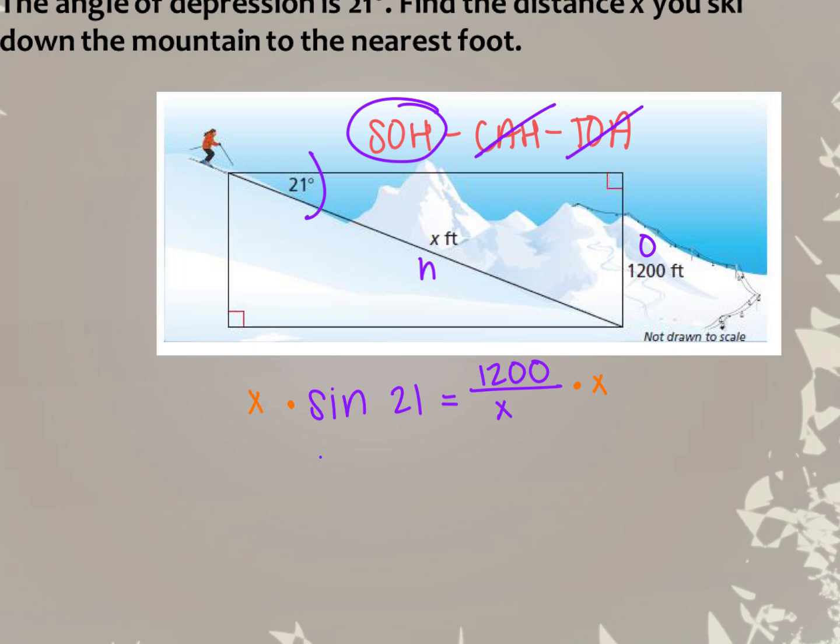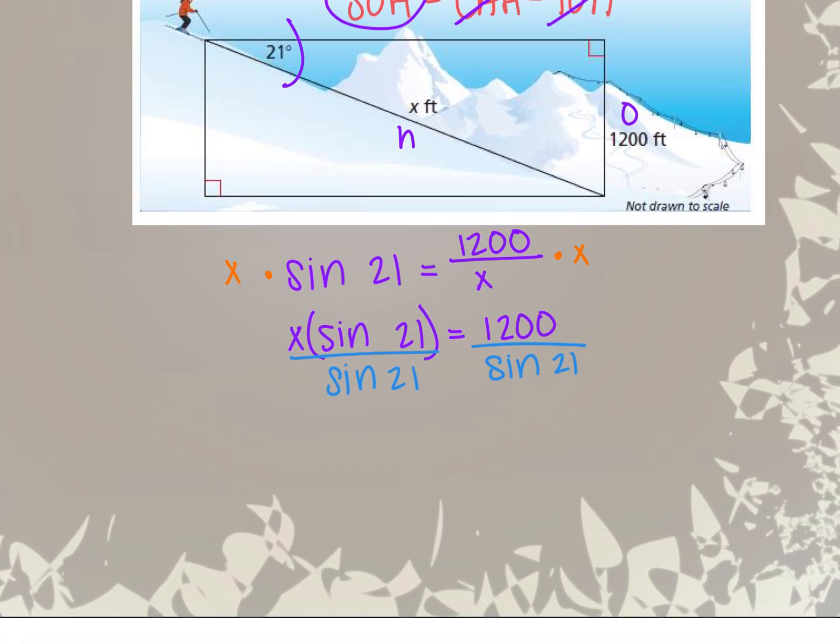I'm then going to get x times sine 21 equals 1,200. Now I'm going to divide both sides by sine 21. And then what do I have? I have x equals 1,200 over sine 21.